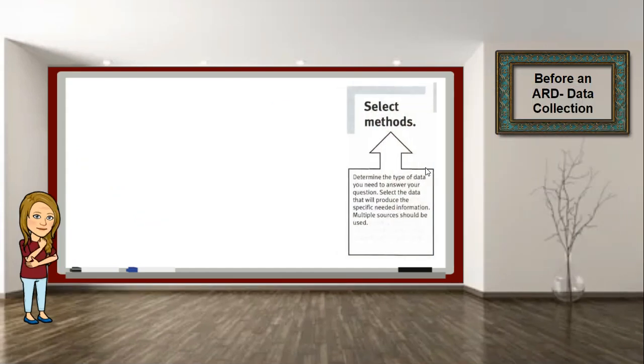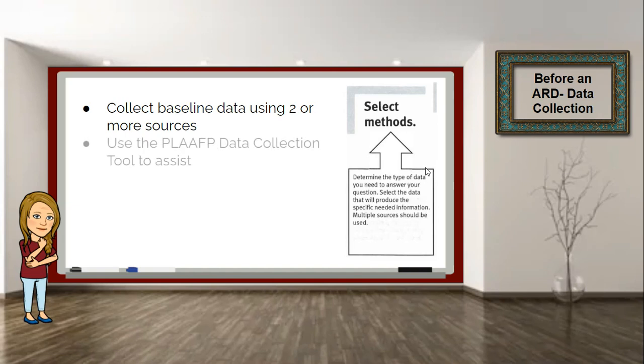The next step is to select the data sources that will assist you in collecting the baseline data for the specific skills you have identified during the detective process. Round Rock ISD's guidance from the PLAF module states that best practice is to have 2 or more sources of data.